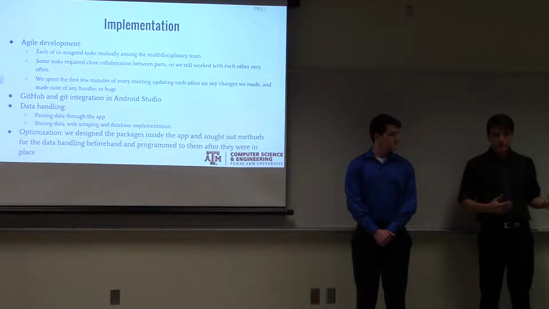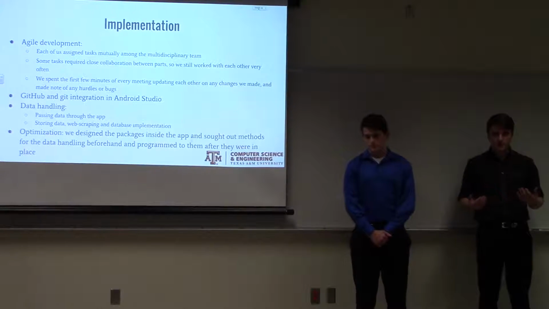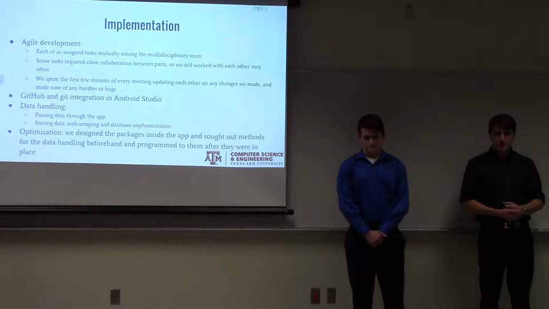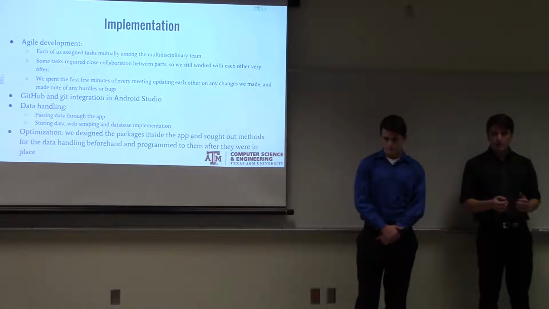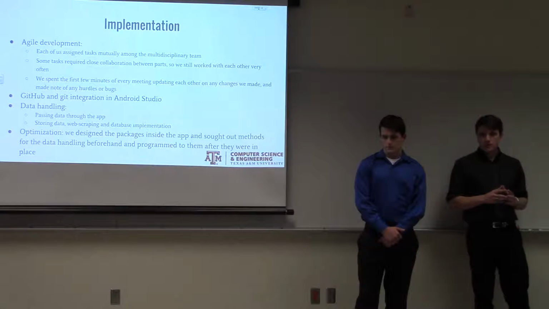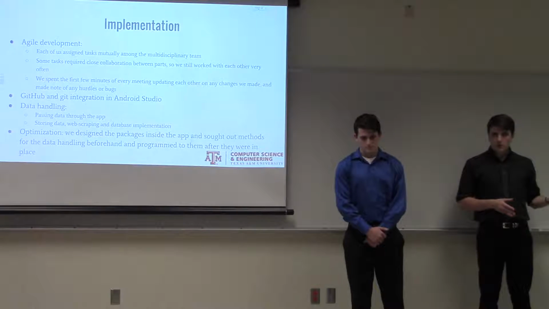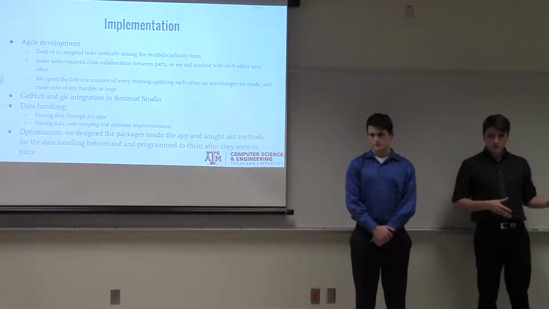So we had a close collaboration between parts, like the database had to be interacting with the server, so whoever's coding the server and whoever's coding the database had to be together a lot. We spent the first bit of every meeting talking about what we've changed, pushes to GitHub, that sort of thing, any bugs or hurdles we've faced when we haven't seen each other in a while.